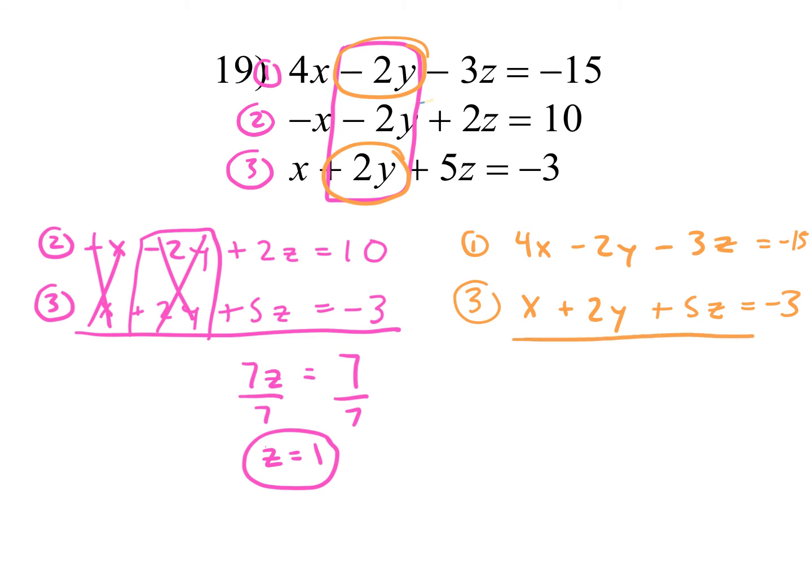Will my y's cancel? Yes. So 5x, and what's 3z plus 5z? 2z. So plus 2z is equal to, what's negative 15 minus 3? Negative 18.